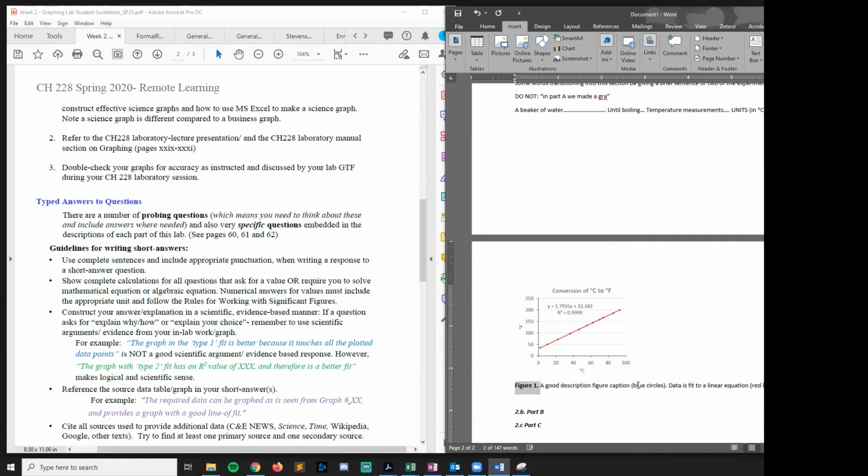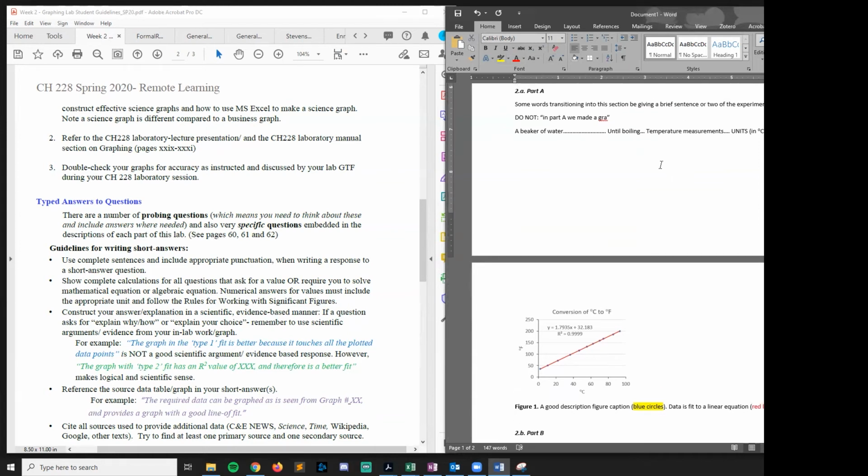A good description of the figure. Make sure you include the legend information in here. Data is fit to a linear equation, if it is, or whatever it is in your case, right? Red line.